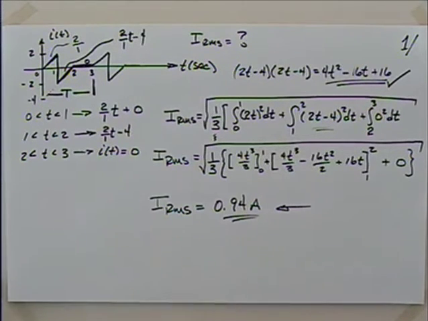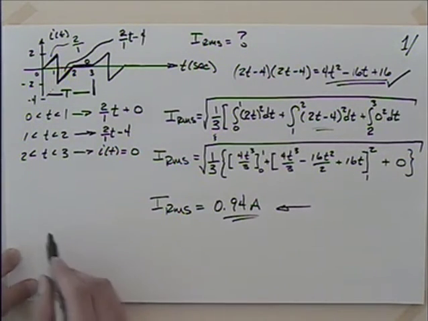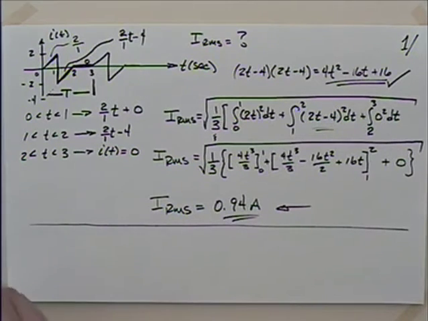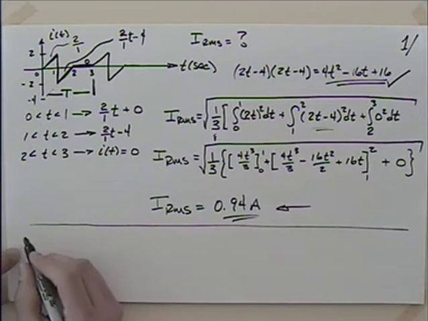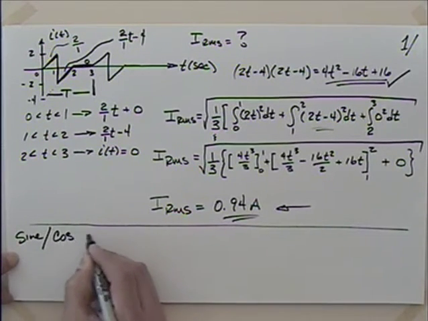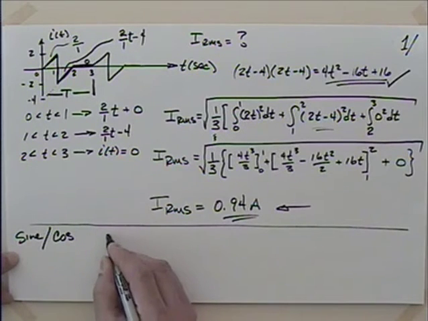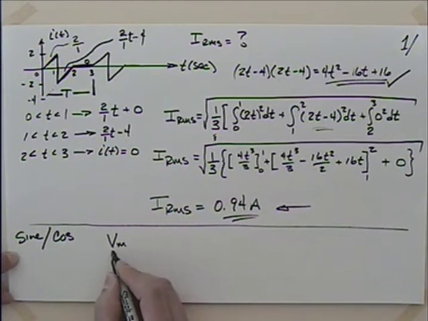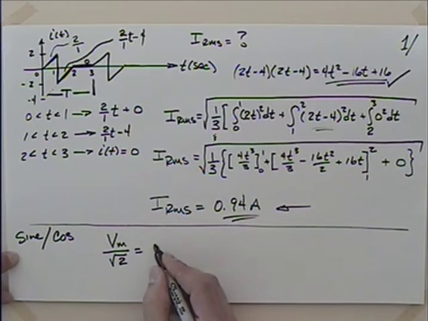Well, we're pretty well finished up with our RMS topic. I guess one thing maybe we should look at. So we said that for a sine wave or a cosine wave, what do we have? That our maximum value, we'll talk voltage here, you could talk current or whatever you wanted, we take our maximum value and we divide it by the square root of 2 to get our RMS value.